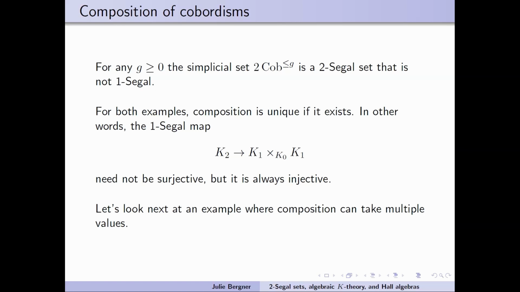So in particular, the 1-Segal map that we use to define our composition is always injective in these examples. It need not be surjective, which is what makes it 2-Segal rather than 1-Segal, but it's always injective. So we want to look at an example where we actually have a multivalued composition. But it's a little bit less well known.